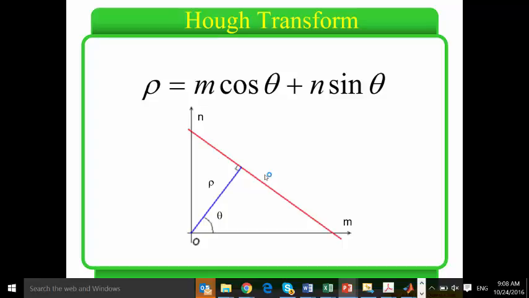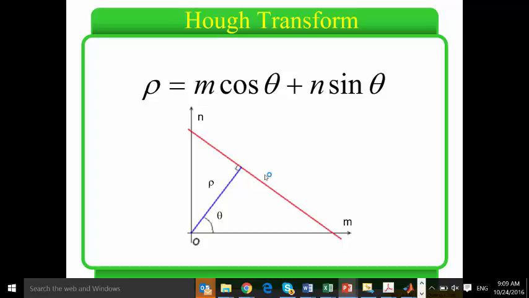And what is the distance from S to T? It is equal to n, provided that this is the angle here. In this case, this will be theta, so it will be n sine theta. Take care that this triangle is a right angle triangle, and this one as well.